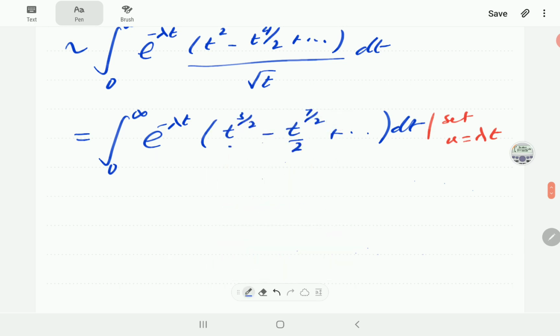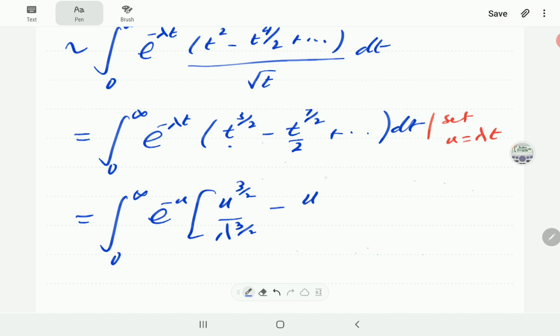Then if we do that, this integral is going to be the integral from 0 to infinity of u to the power 3/2 over lambda to the power 3/2, minus u to the power 7/2 over 2 lambda to the power 7/2, and then we're going to have du over lambda outside here.